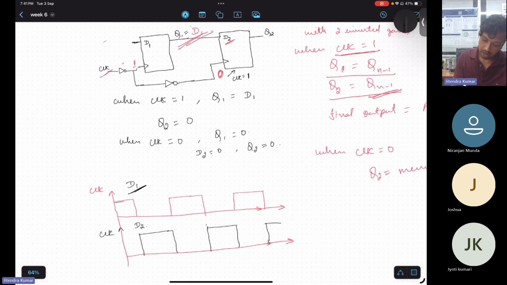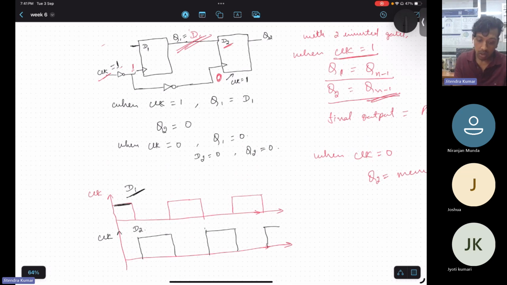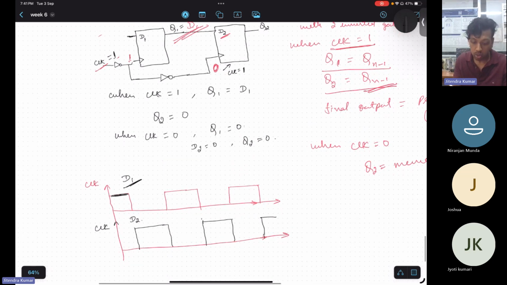D1 is positive means clock is 1, and whatever the Q1, Q1 will be equal to memory, Q1 will be equal to Qn minus 1 at this stage.